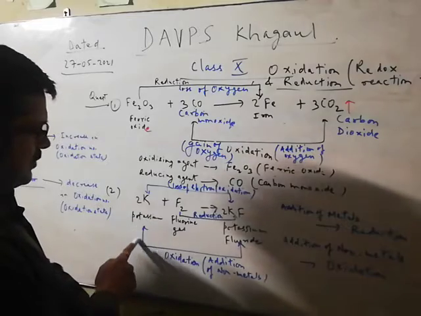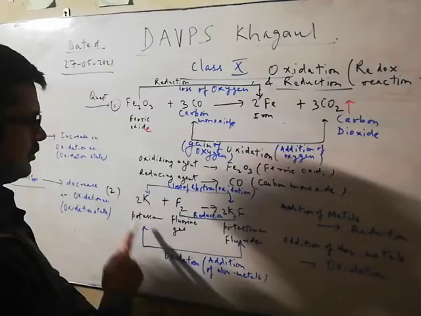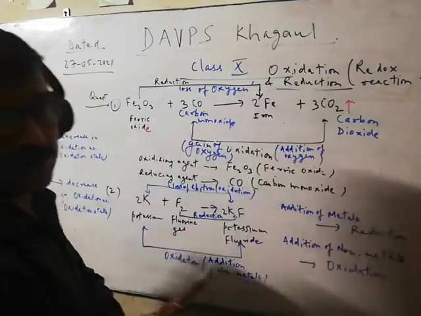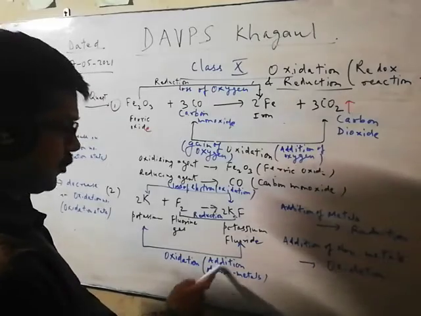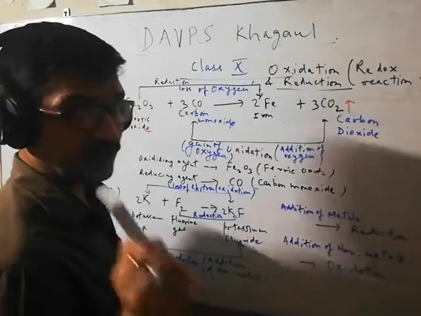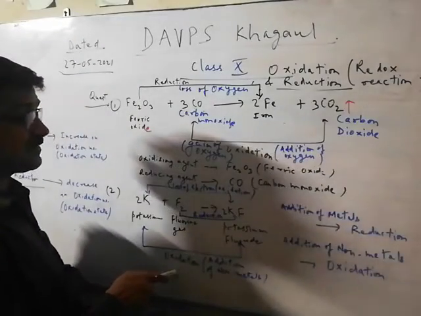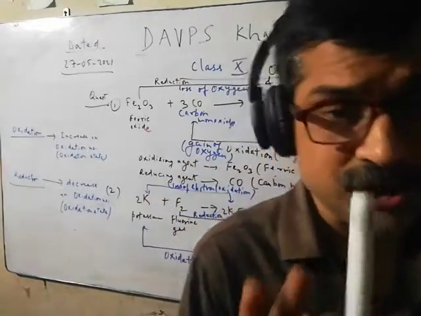Now potassium here is getting addition of fluorine. Fluorine is a non-metal. So addition of non-metal, we have got the idea, is oxidation.